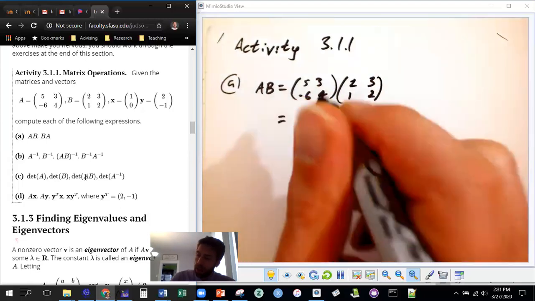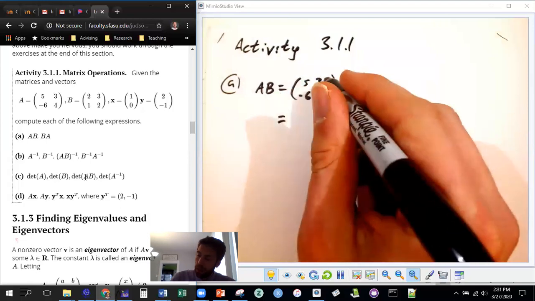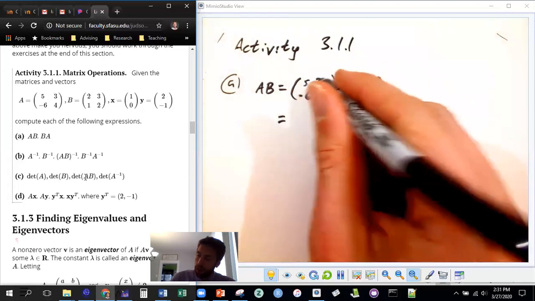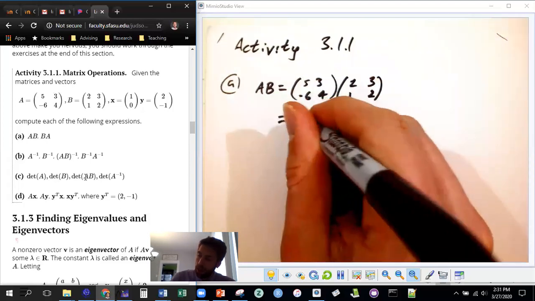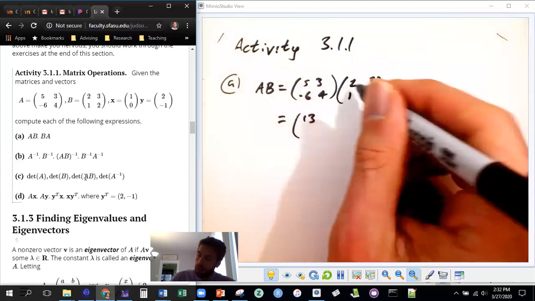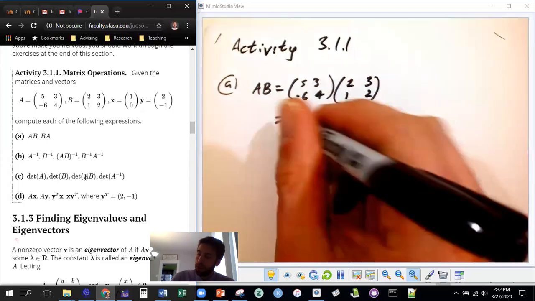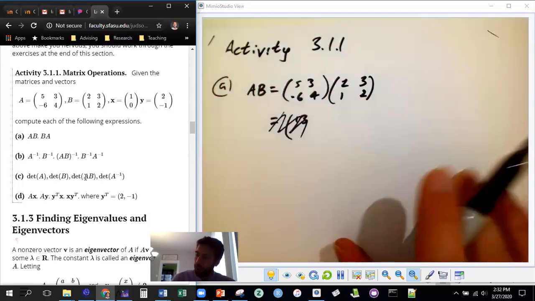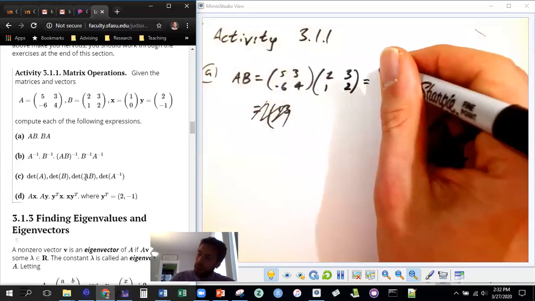Maybe I'll do this a little slower for those of you who have not had any algebra.